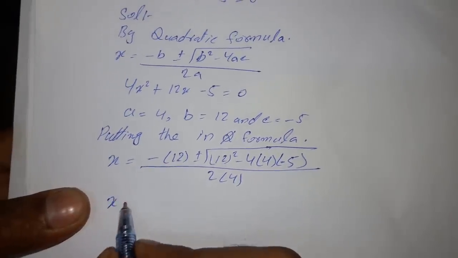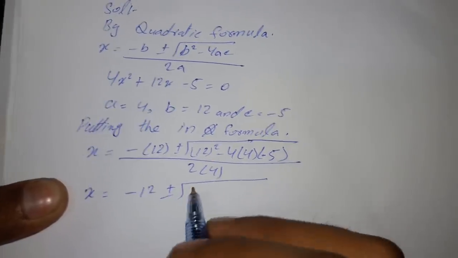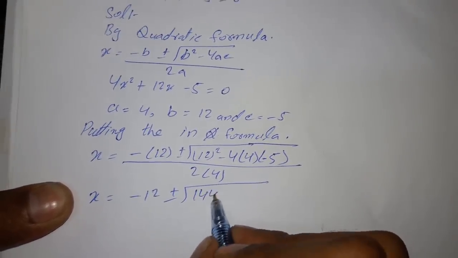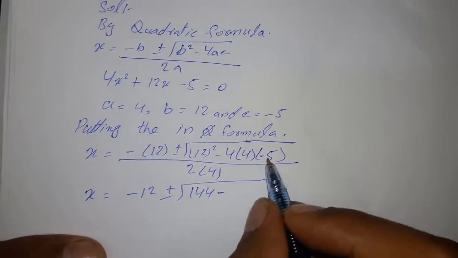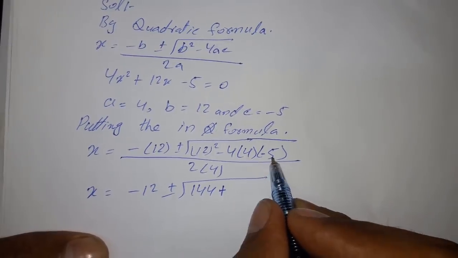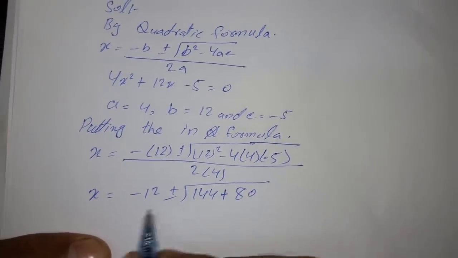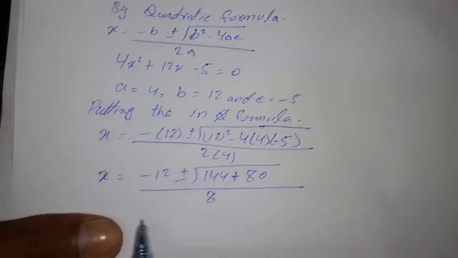Okay, so x equals minus 12 plus minus square root of 12 12s are 144, minus into minus plus, 4 4s are 16, 16 5s are 80. So here will come the 80. 2 4s are 8.